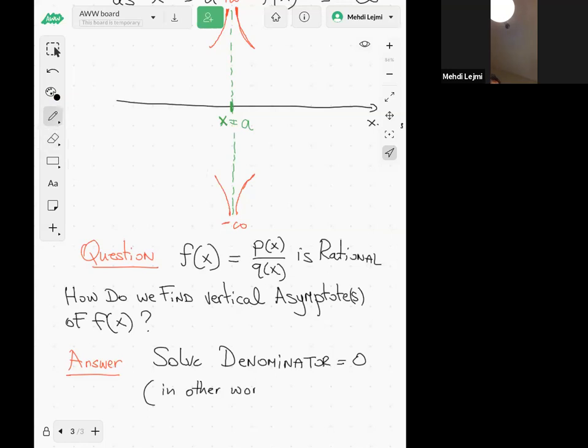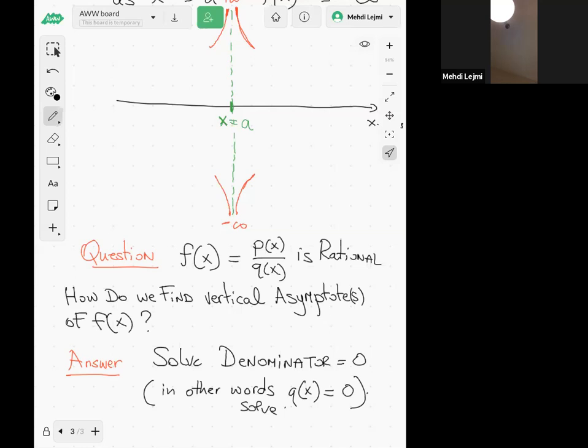That's where the denominator is 0. All right, that's how we find the vertical asymptote. Any questions, guys?